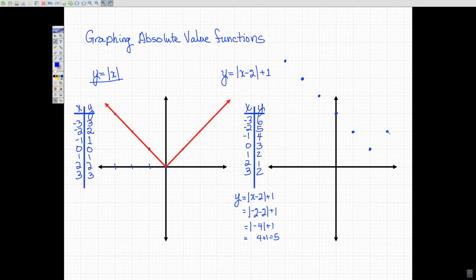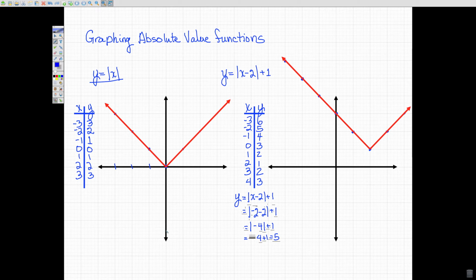And then if we were to calculate one more point, we would find that the point 4, 3 would be on the graph. So when we draw this graph, it will look like this. And we'll color that differently so that it stands out.